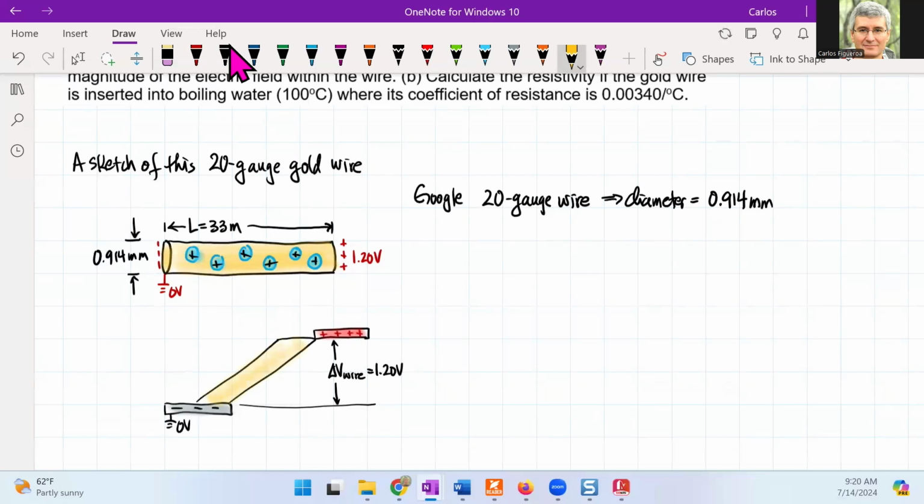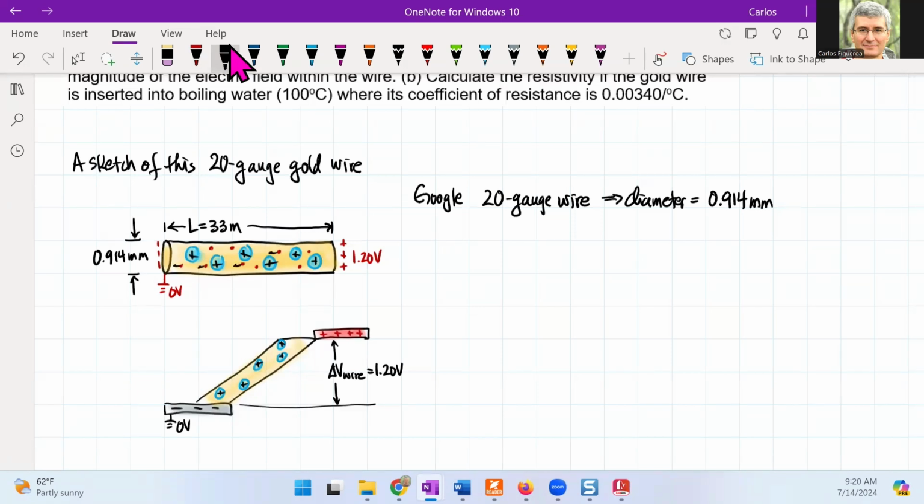So this is my wire. When I'm looking at my wire, I, of course, have my nuclei or ions. And so now what happens? I'm going to put my charges in here. My charges are everywhere. And as soon as I put that voltage on here, they start to move, right?